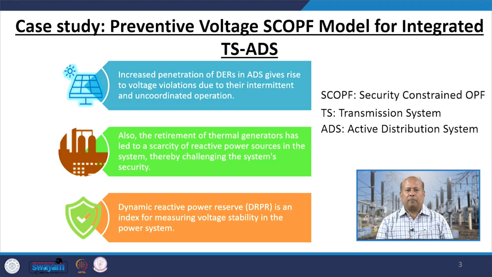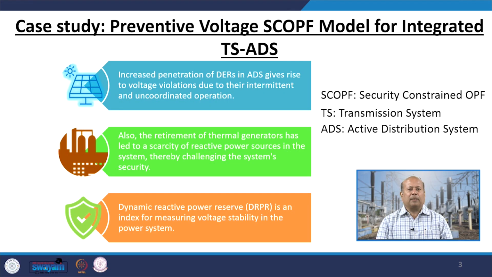TS represents the transmission system, ADS represents the active distribution system, and SCOPF represents security constrained optimal power flow. So, we are very much interested in applying security constrained optimal power flow to an integrated transmission and active distribution system.